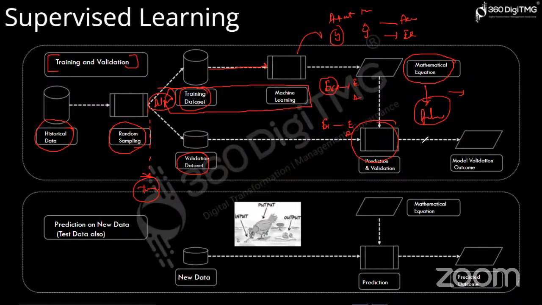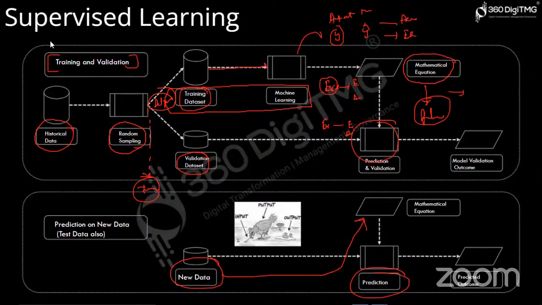If my model is a right fit, then I am going to take new data and apply it on my mathematical equation, the right fit model that I have selected. Then I am going to get some prediction here. This is the process that we follow in supervised learning.